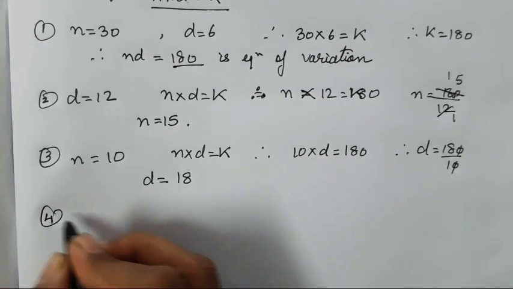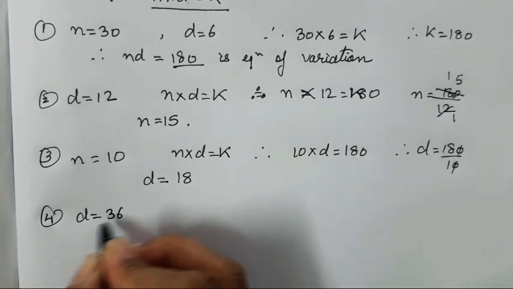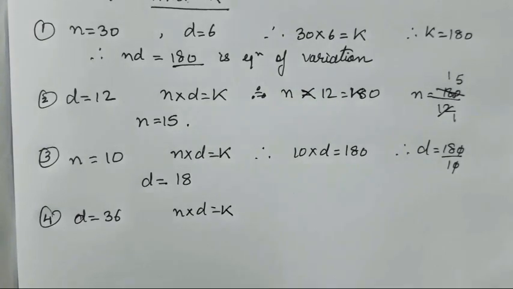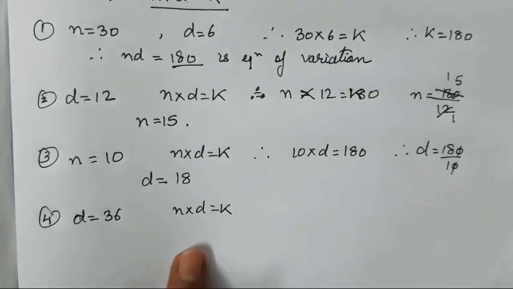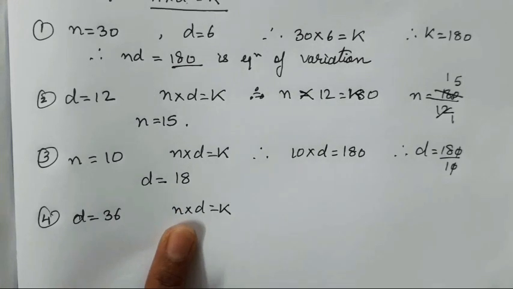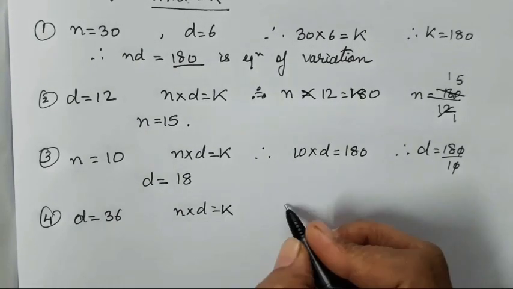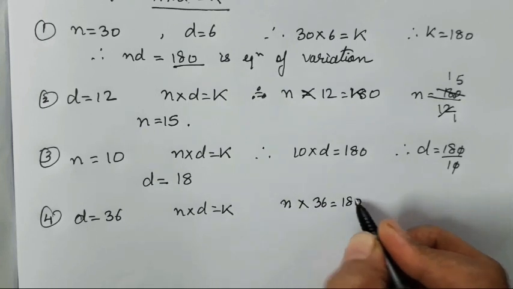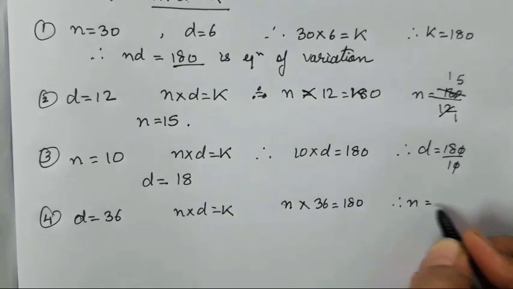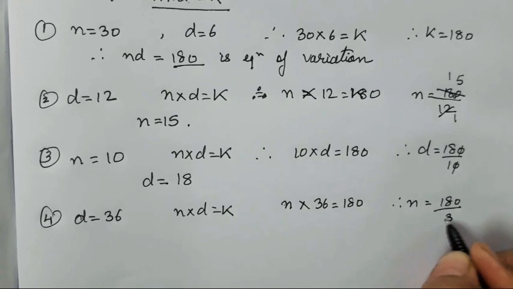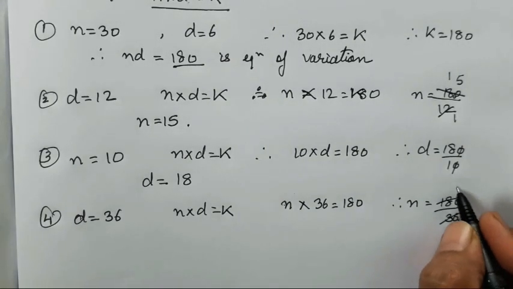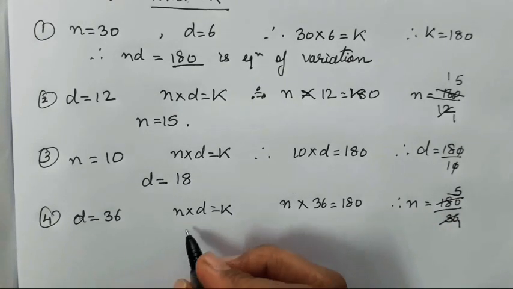Next, the fourth one is d is equal to 36. Same formula: equation of variation, not constant of variation. N is not given, so we keep it as it is. D is 36, k is 180. Therefore n is equal to 180 upon 36. So 36 ones are 36, 5s are 180.